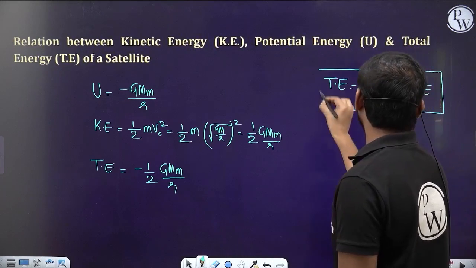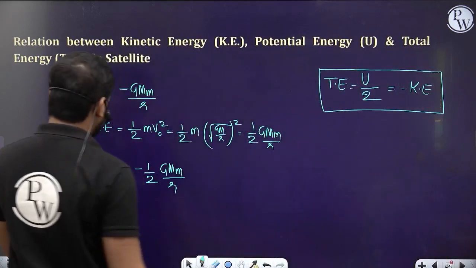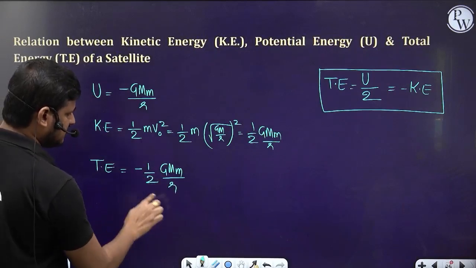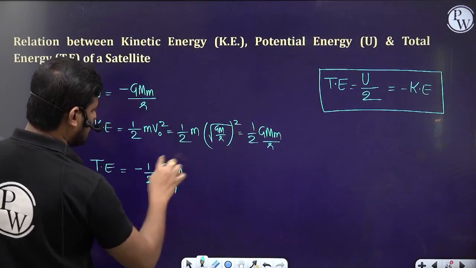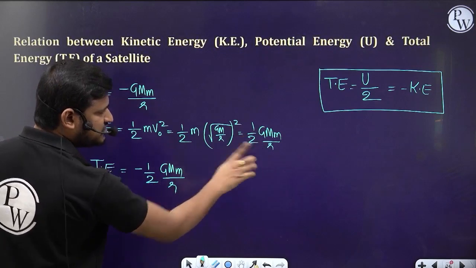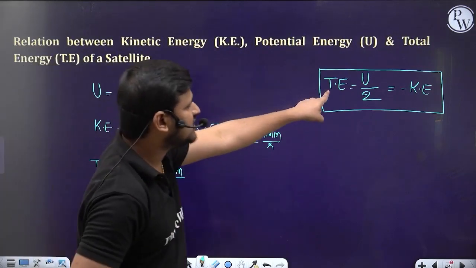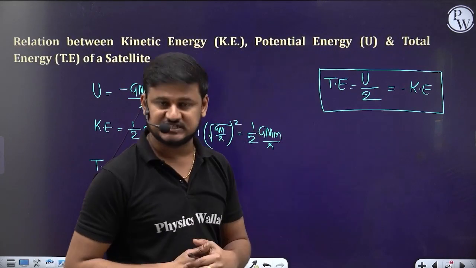Just try to understand this statement. If you observe, the total energy and the kinetic energy have the same magnitude, 1 by 2 GMm by r, but they differ in sign. That's why the total energy is equal to the negative of the kinetic energy.